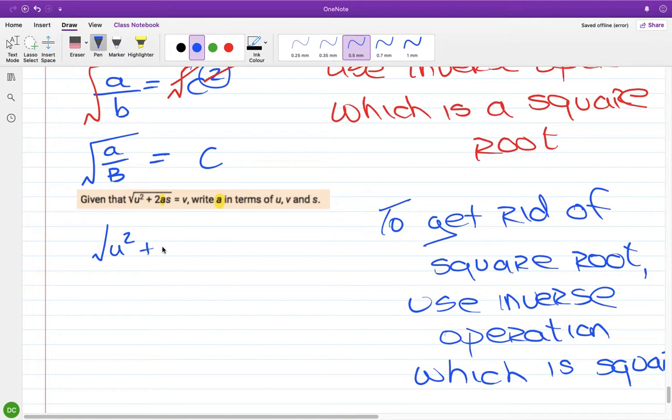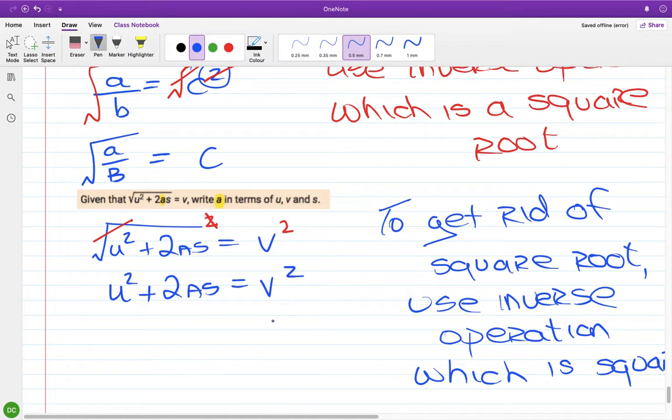So the square root of u squared plus 2as equals v. So to get rid of this square root, I'm going to square it. And then the square and the square root cancel. But if I square on the left hand side, I have to square on the right hand side. Okay, so that leaves me now with u squared plus 2as has now been released from the square root. And over here I have v squared.